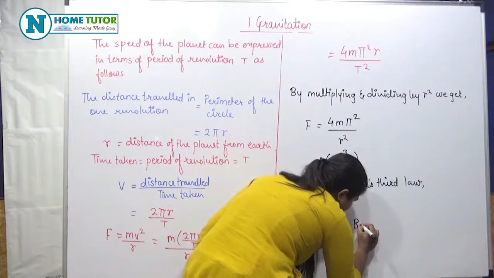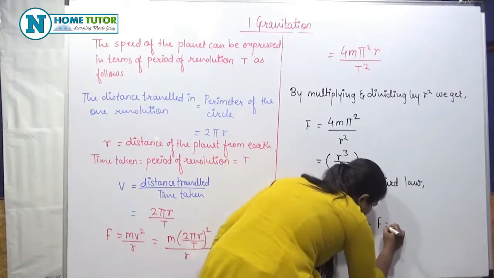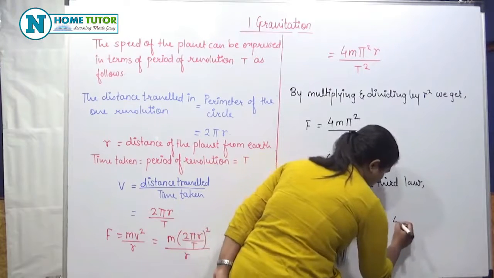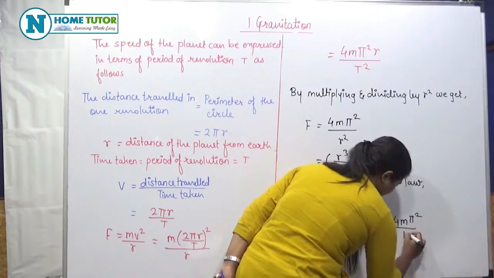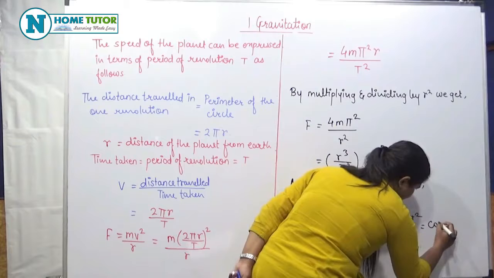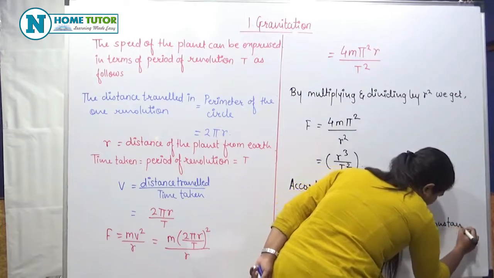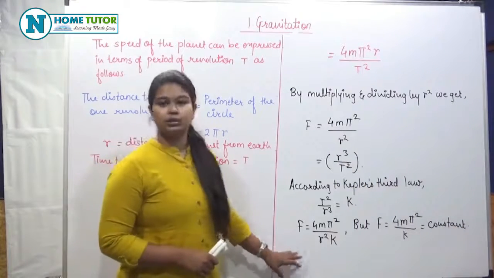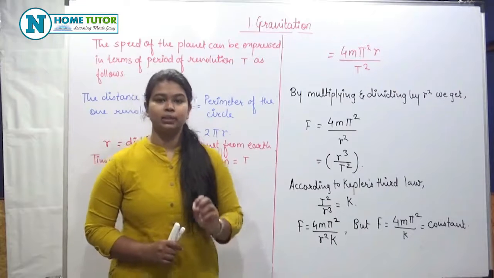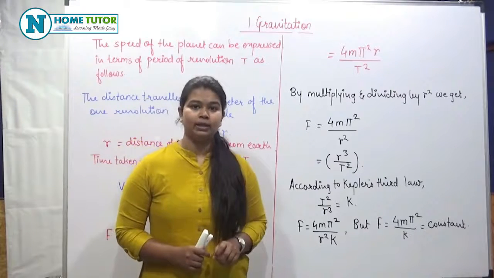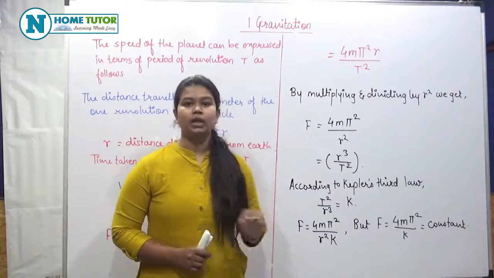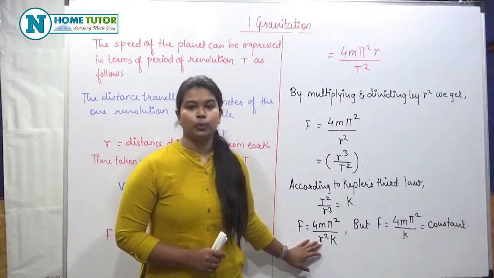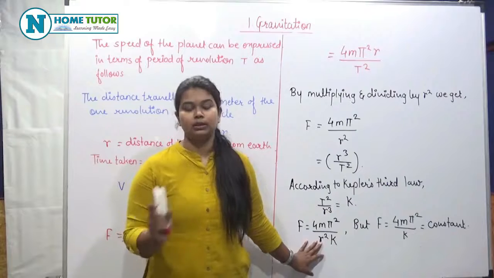But 4m pi square upon k is a constant. And thus Newton concluded that the centripetal force which is acting on the planet and is responsible for the circular motion must be inversely proportional to the square of the distance between the sun and the planet.